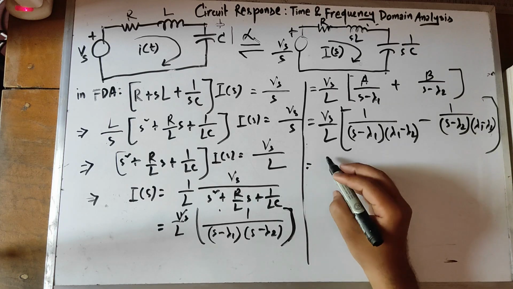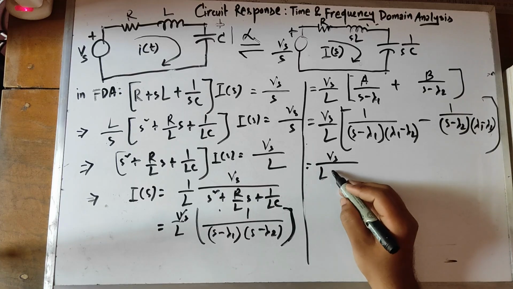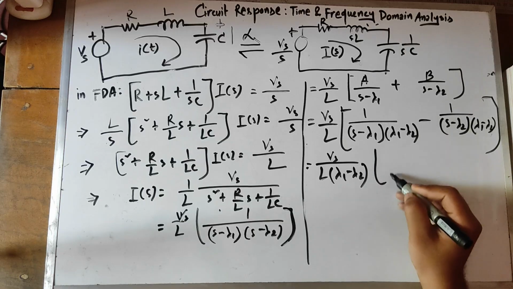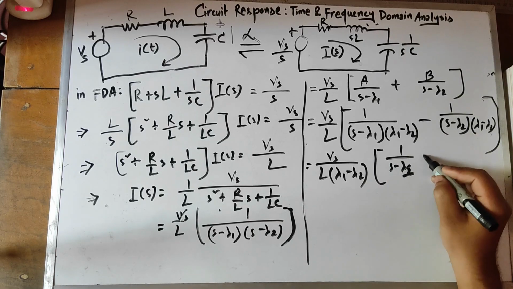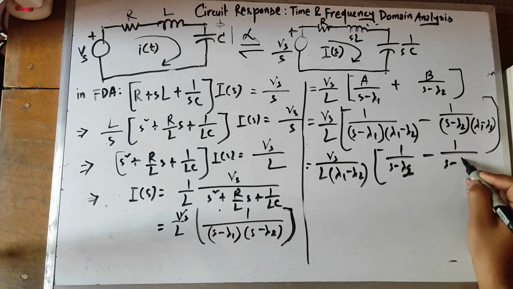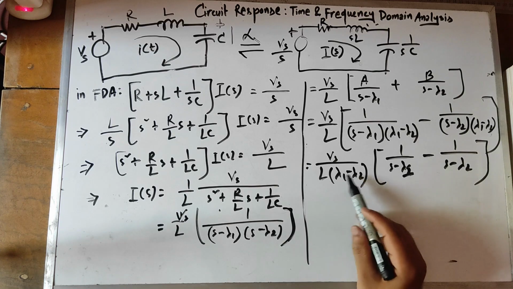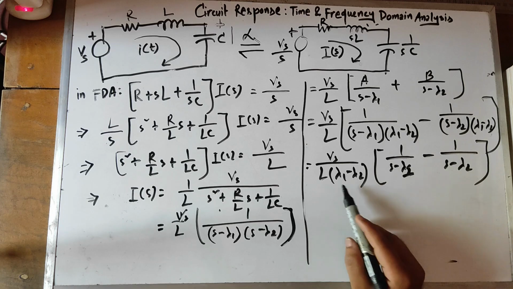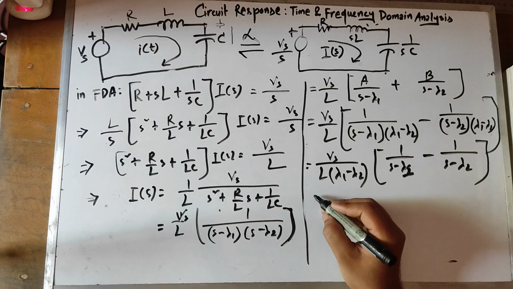If we take the lambda 1 minus lambda 2 out of the bracket, it will look like this: lambda 1 minus lambda 2, 1 by S minus lambda 1 minus 1 by S minus lambda 2. Now, if you go watch my previous videos, lambda 1 minus lambda 2 is 2j omega d.